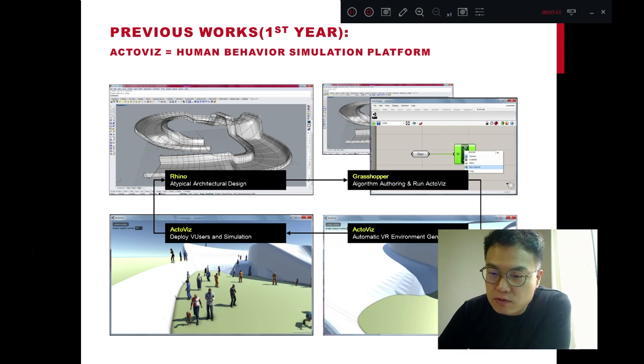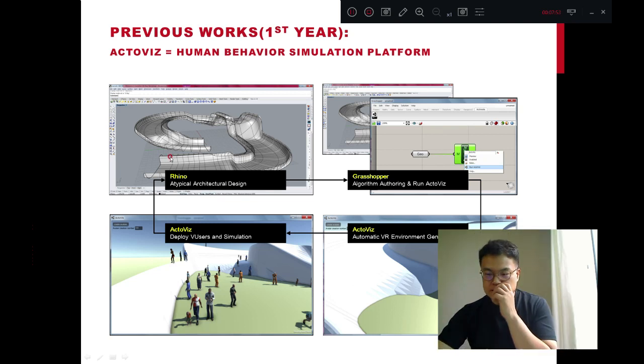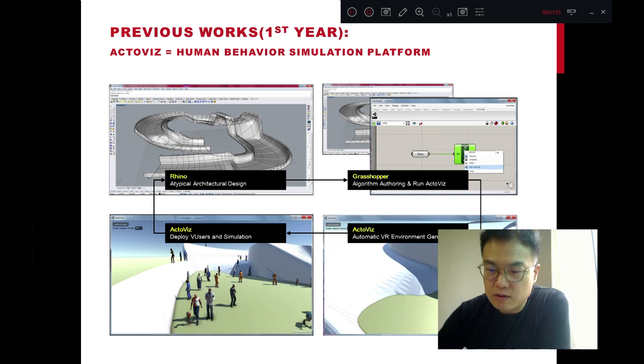And then we're going to make some function blocks, the beach. First we make some shapes, then call in Grasshopper and activate the ActiveBeach, and design some alternatives. It automatically generates the virtual environment, and then you can put in some human-shaped agents.